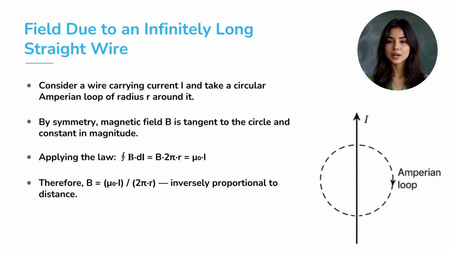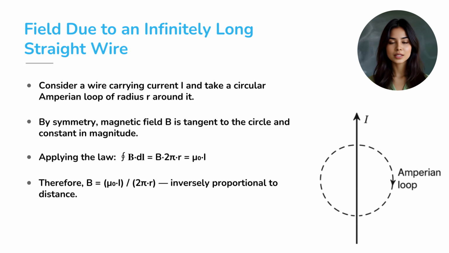Now, when we apply Ampere's law, the integral of B dot dl simplifies to B multiplied by the circumference of the circle, which is 2 pi r. On the right-hand side of the law, we have mu naught times I, where mu naught, the permeability of free space, equals 4 pi times 10 to the power of minus 7 Tesla meter per ampere. So, solving the equation, we get B equals mu naught times I divided by 2 pi r.